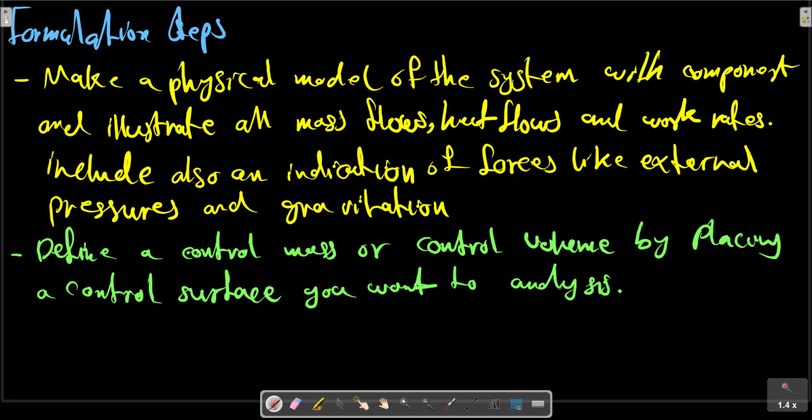This choice is very important since the formulation will depend on it.